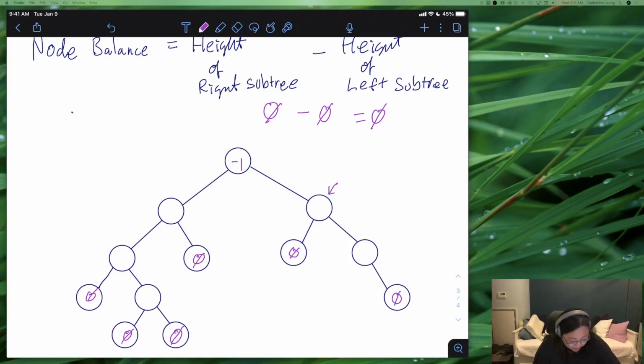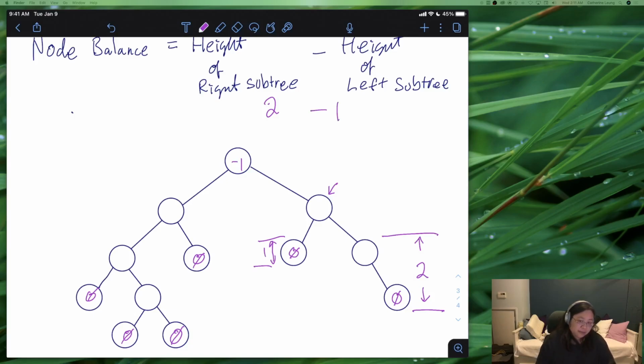Okay, so hopefully you've done this. If you take a look at this, the right subtree has a height of 2 nodes. The left subtree has a height of 1 node. So if we use those numbers and apply our formula, what we get is 2 minus 1, okay?